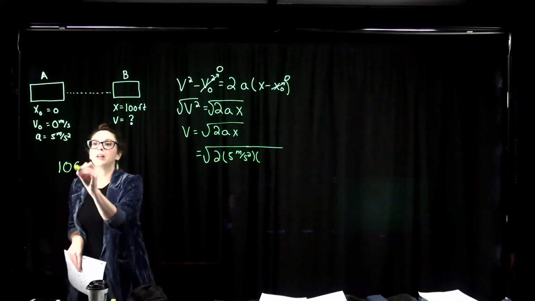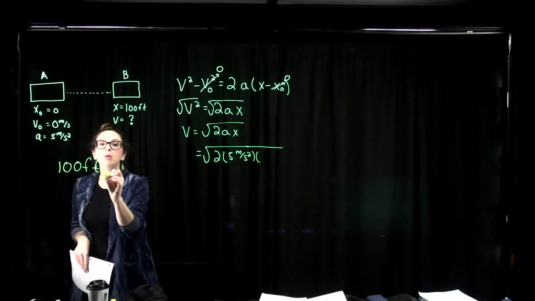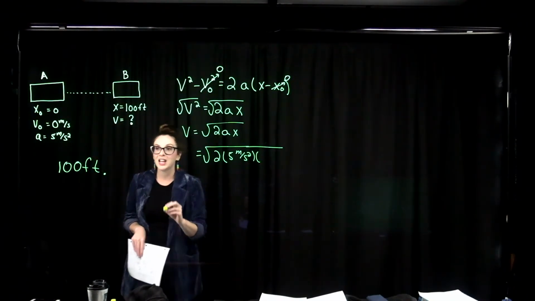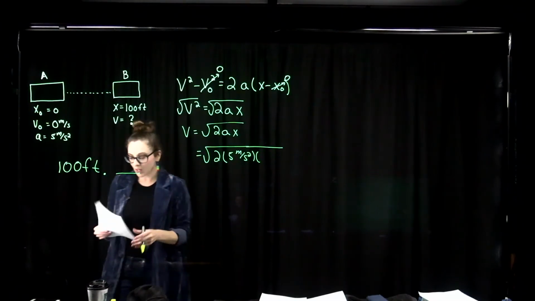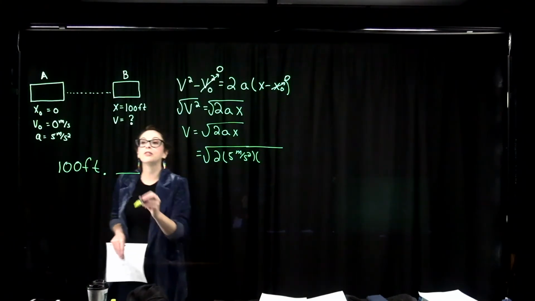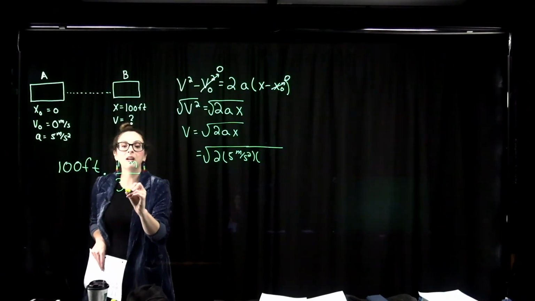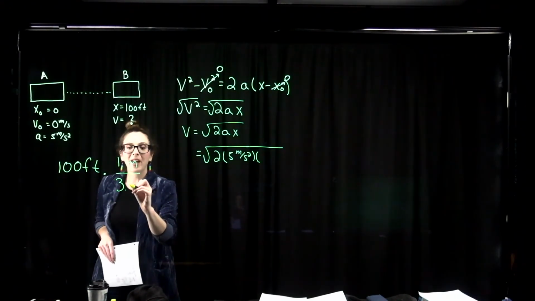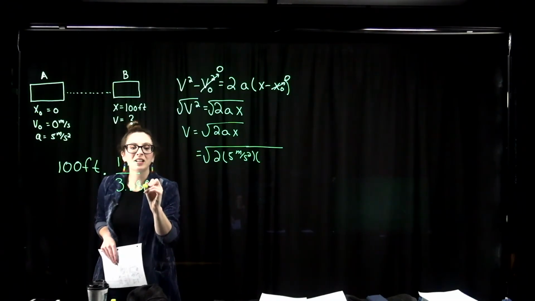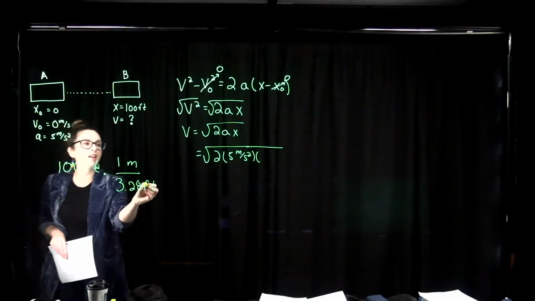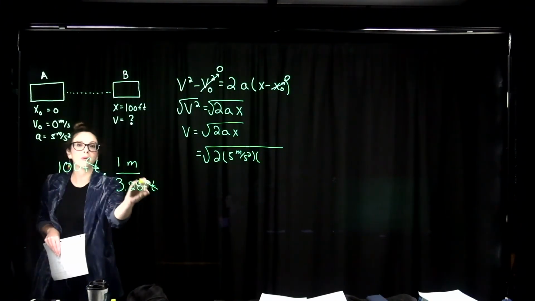If I take my 100 feet, I'm going to multiply it by a conversion factor to convert my feet into meters. And so I know that in 1 meter, there's 3.28 feet. Okay, and so we can cancel the units of feet on top and bottom here.